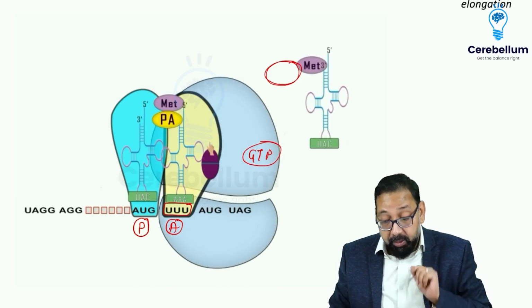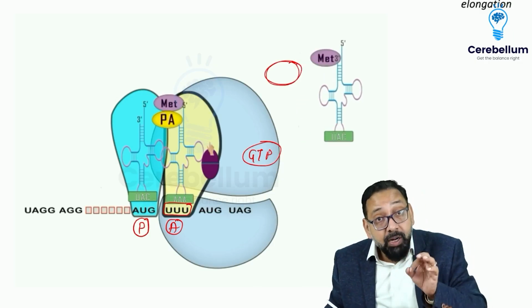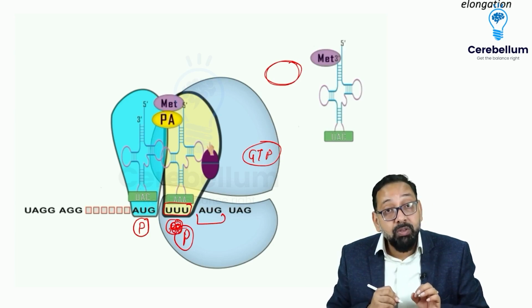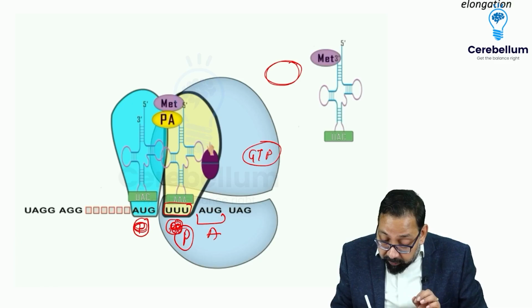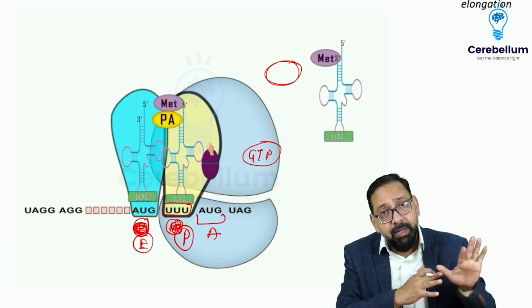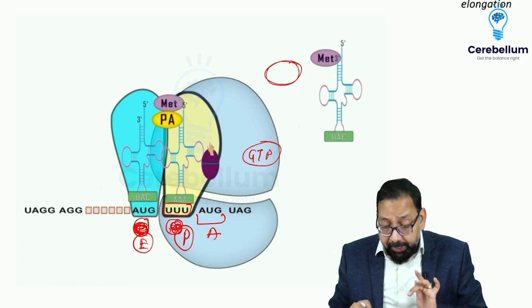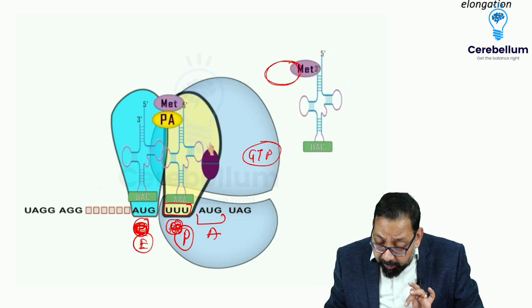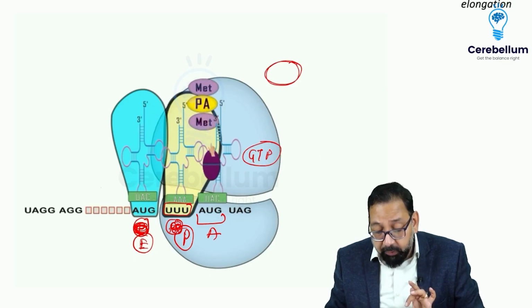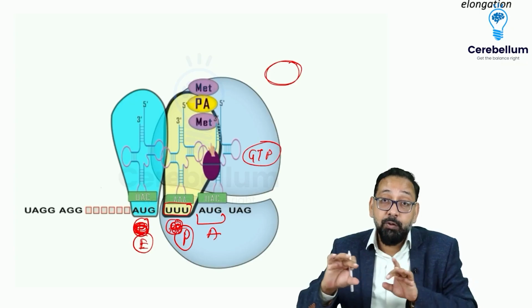Now after translocation, this becomes the P site and the next codon becomes the A site. And now this comes out, it is called the E site, exit. Now the acceptor site is free, so again the next transport RNA comes and binds to this A site. Again peptidyl transferase makes a peptide bond. In this way, protein synthesis continues.